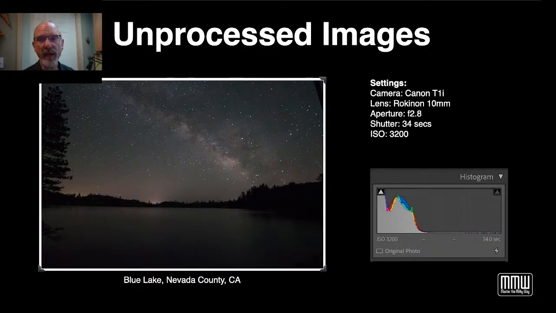And so this was out at Blue Lake, which is in Nevada County. And this was one of those first images, right? And I had somebody helping me learn how to do this. It was that Rokinon 10mm f2.8, with a shutter speed of 34 seconds at ISO 3200.